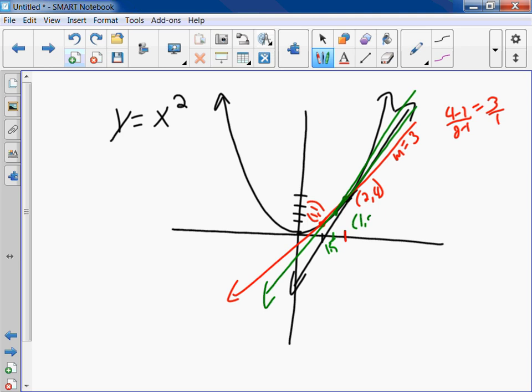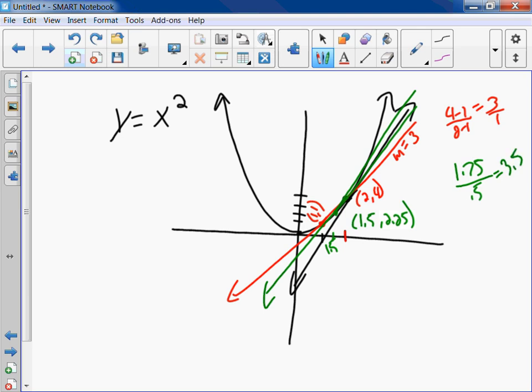So now I can find the slope between there and the point 2, 4. What's 4 minus 2.25? 1.75. So that's 1.75 divided by 2 minus 1.5, that's 0.5. Now what's 1.75 divided by 0.5? 3.5. Okay. So we just found another.